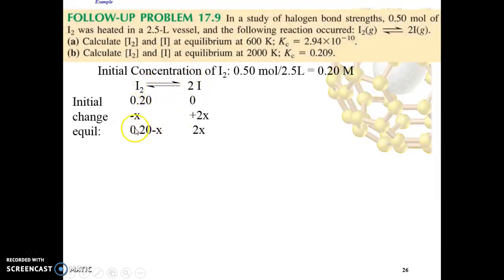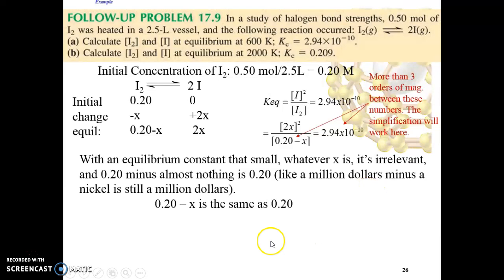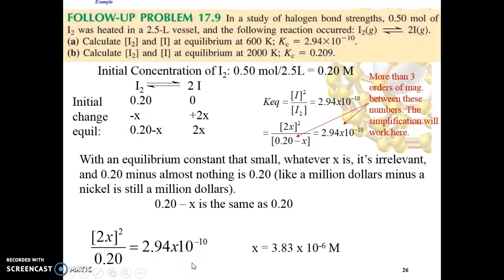If I'm doing this conversion, 0.20 minus x, but if you look at what K is, 10 to the negative 10 versus 0.2, that value is so much different than the concentration that the amount of material that I'm losing is irrelevant. So even though I write the expression like this, because they're more than 3 orders of magnitude different, I can ignore x and just say that I still have 0.2 left, which means the answer that I get is going to be slightly different than if I use my solve function, but it saves me a lot of work.